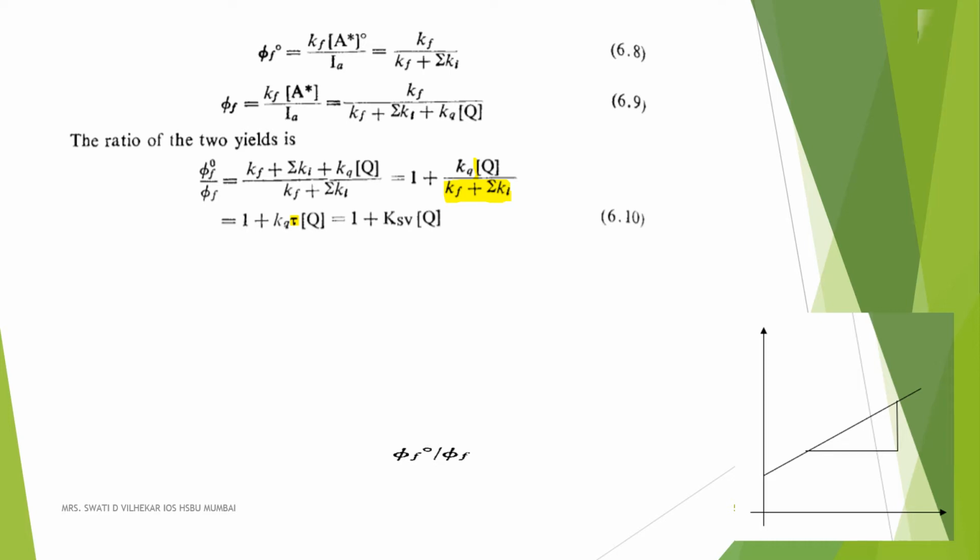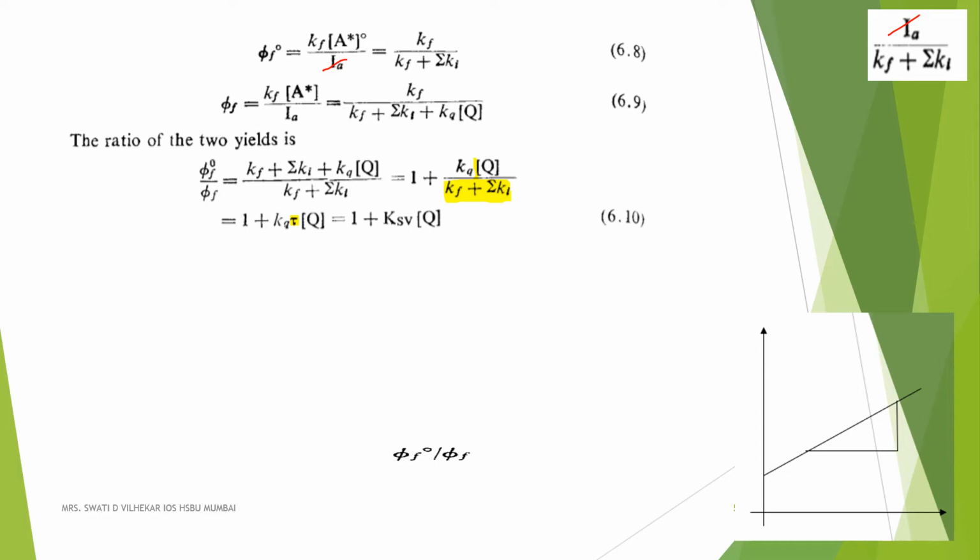Placing the value of A star naught, which equals Ia divided by Kf plus summation Kt, you can find that Ia will get cancelled out with the Ia, and the remaining term will be Kf divided by Kf plus summation Kt.